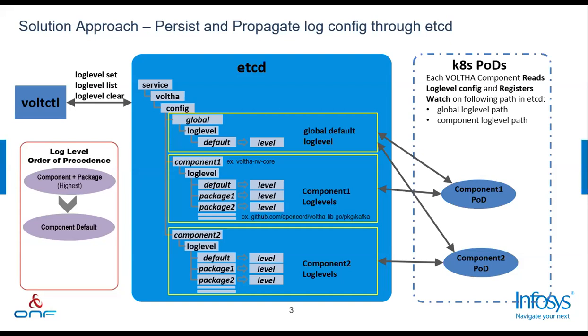Otherwise, it would use the component default log level. Otherwise, it will use the global default log level. Let's take the Kafka package, shown as an example. If there is any specific log level configured for it, it will use that. Otherwise, it will use the component 1 default log level. Otherwise, if that is also not configured, it will use the global default log level.